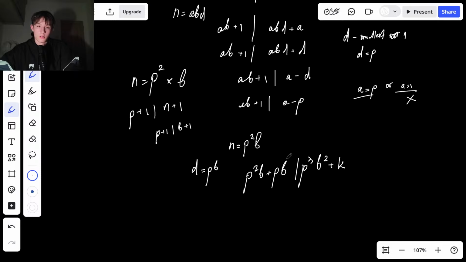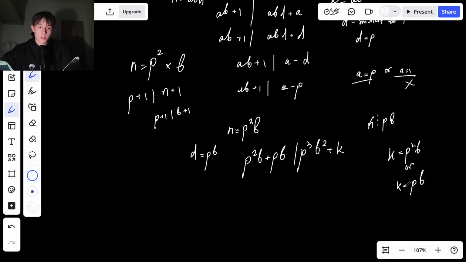And then we say k should be divisible by pb, which means that either k is p squared b, or k is equal to pb, because p is the smallest factor.